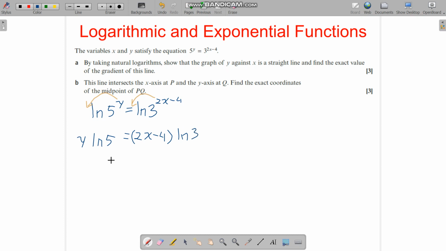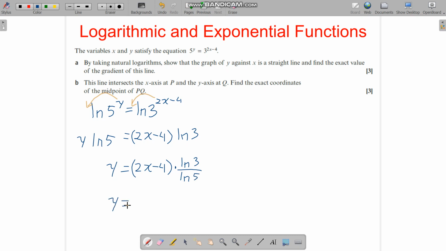So this is just like y equals 2x minus 4 times ln 3 divided by ln 5, which is actually log 3 base 5.